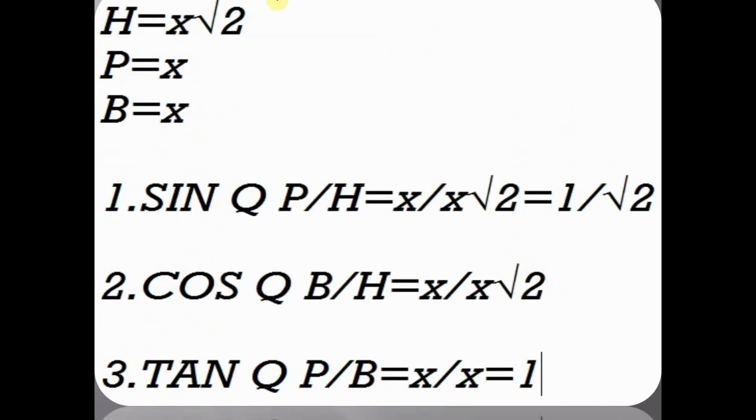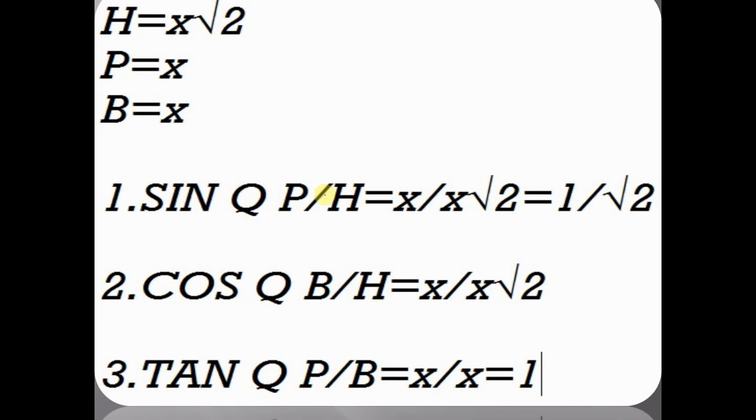Now by taking this value, we will move forward. Sin theta, p upon h. You have to learn that magic 6 words that I have told you first. Pandit Badri Prasad har har bole. P by h.